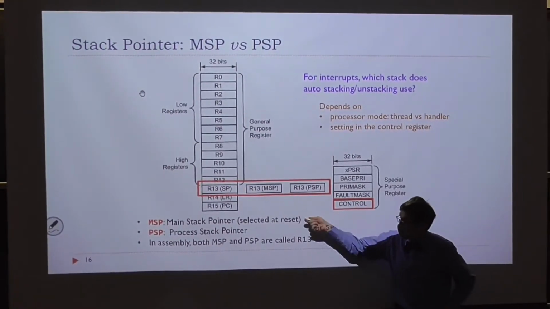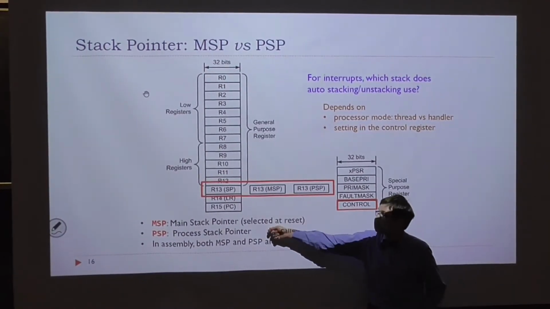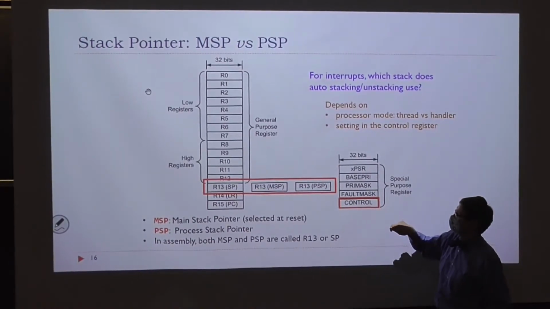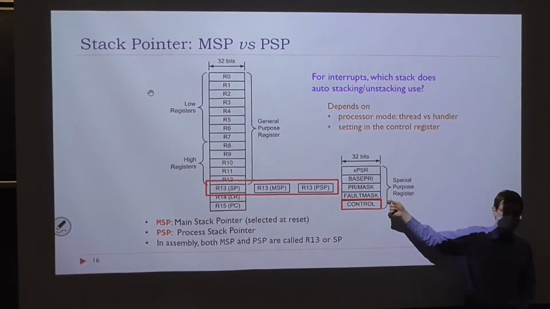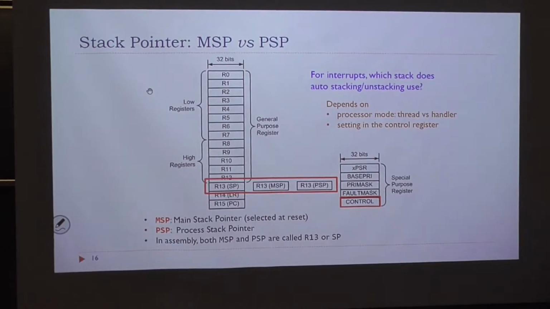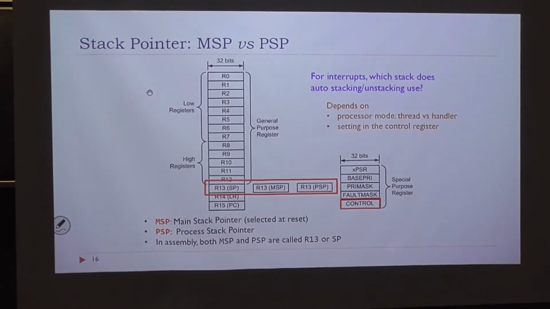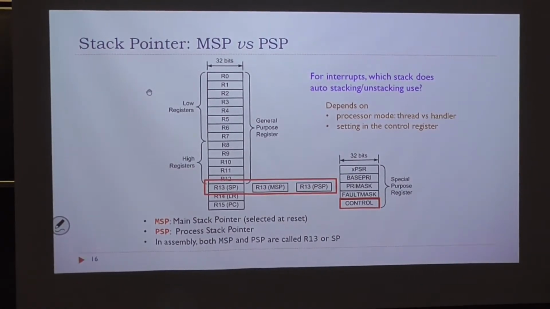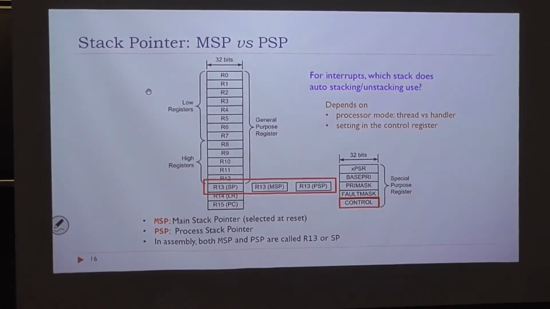Whether you're in MSP mode or PSP mode is determined by a bit in the special purpose register. Obviously you only have one processor, unless you have more than one, but let's not go there for a moment.